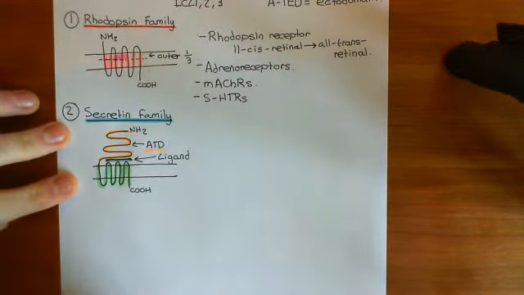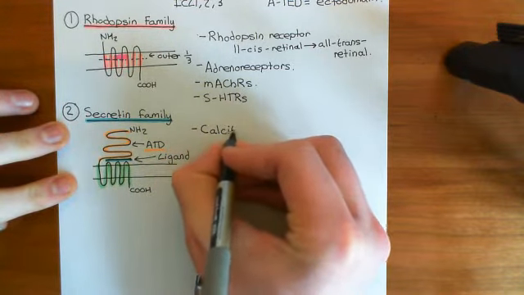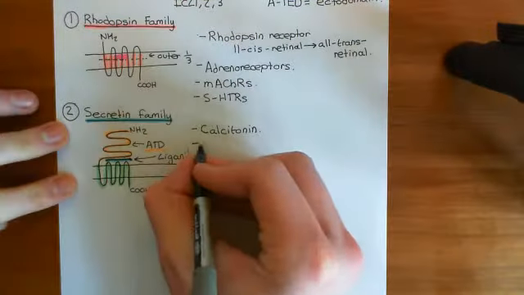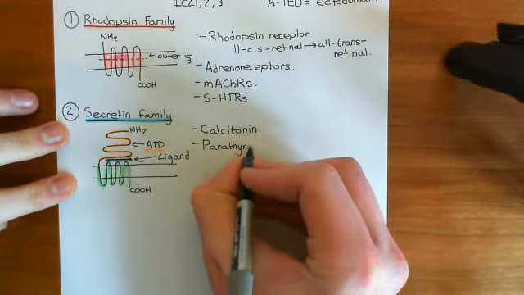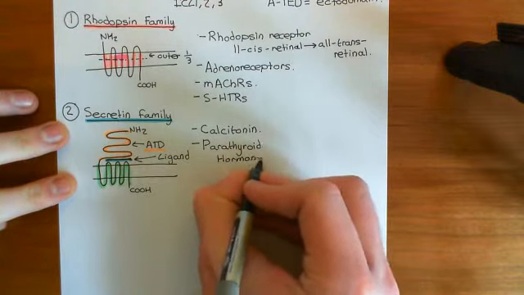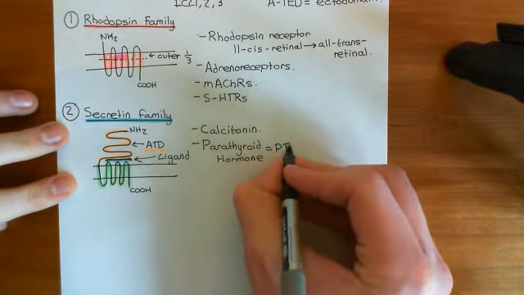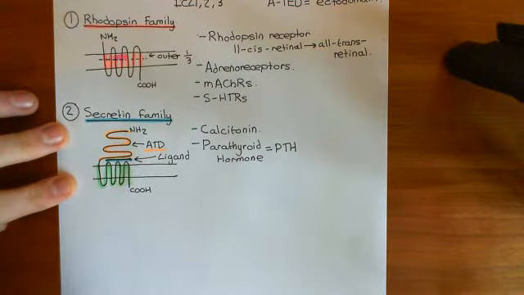What example G-protein coupled receptors are within this secretin family? Well, all of the receptors for calcitonin are secretin family G-protein coupled receptors. The receptors for parathyroid hormone, another peptide hormone, are all secretin family receptors too. Calcitonin and parathyroid hormone, also known as PTH, are both involved in the regulation of calcium concentration within the blood.